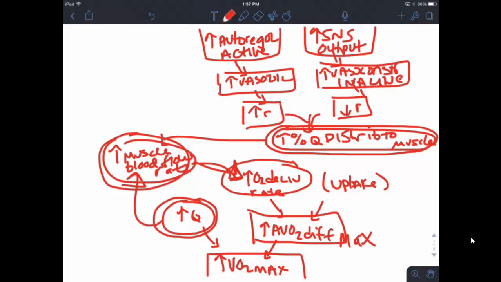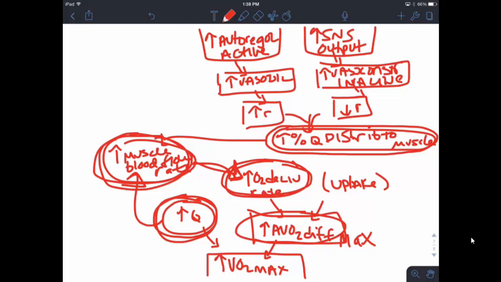Okay. So two more coming off of the top, coming in to our VO2 max through AVO2 difference, coming into AVO2 difference through oxygen delivery rate. Okay, and in order to deliver more oxygen, we have to deliver more blood, and we do that because a greater percentage of the blood is distributed to the muscle, and there's a greater amount of blood to distribute. Okay. So that's one portion of this.